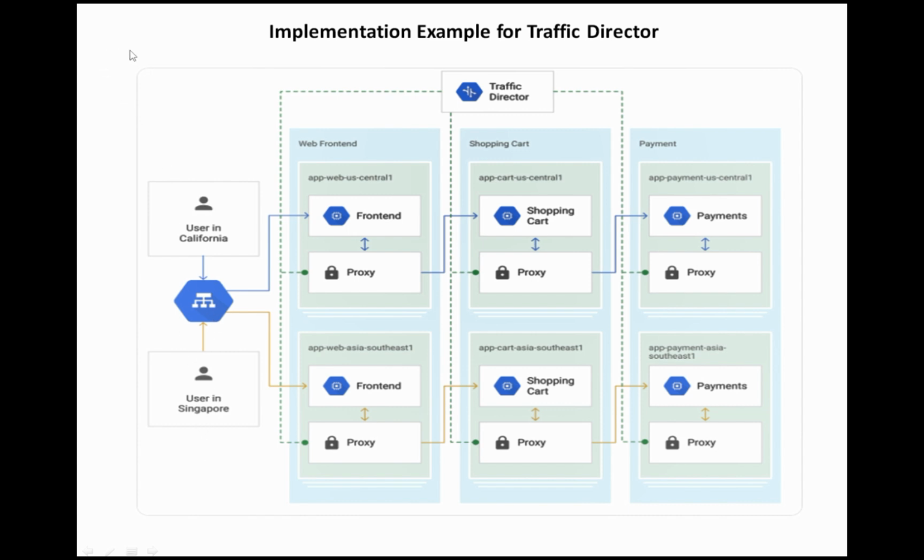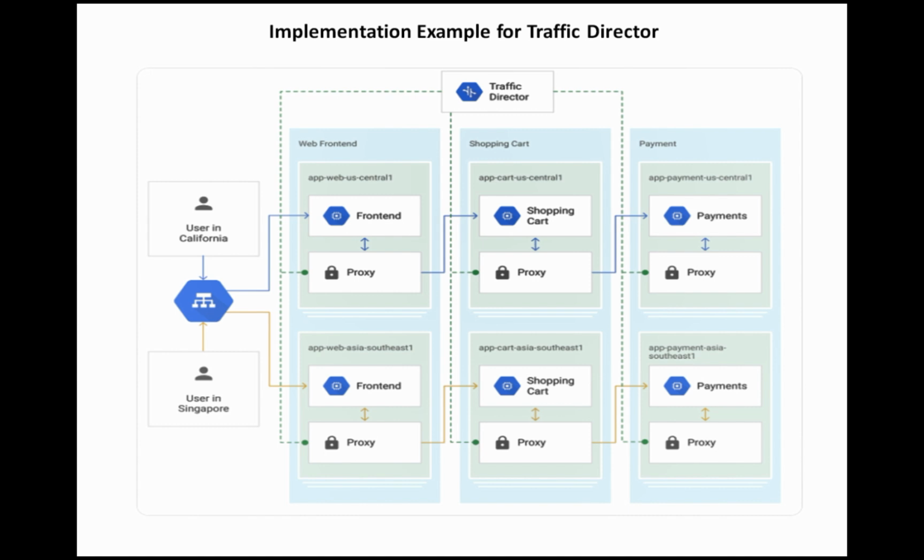If the request comes from the user in California, then since the Traffic Director is globally spread, it is balancing the traffic for all these microservices across the two regions. The Traffic Director is intelligent enough to send this request to the closest region. In this case, the closest region for the user in California is US Central 1, so the traffic will be sent to US Central 1.